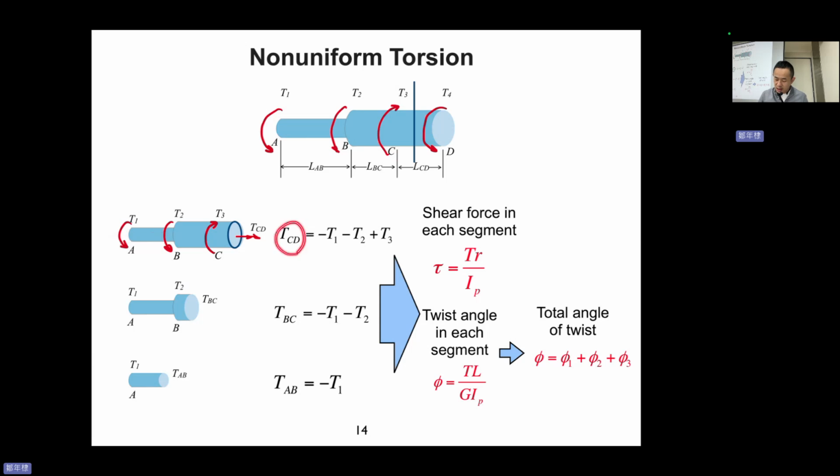So TCD plus T1 plus T2 minus T3 equals 0. After you rearrange, you have TCD equals minus T1 minus T2 plus T3.